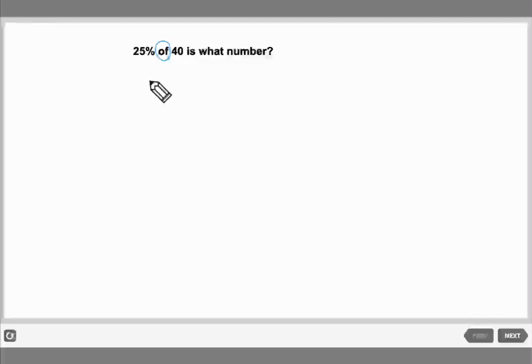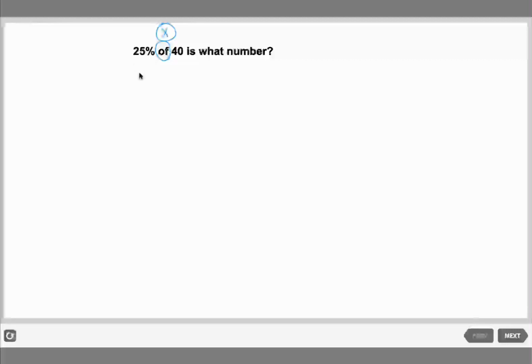What do we mean by "of" in math when we write a percent of a number? Multiplication. So what we're going to do now, we will write the 25% as a decimal or as a fraction. Let's rewrite it as a fraction.